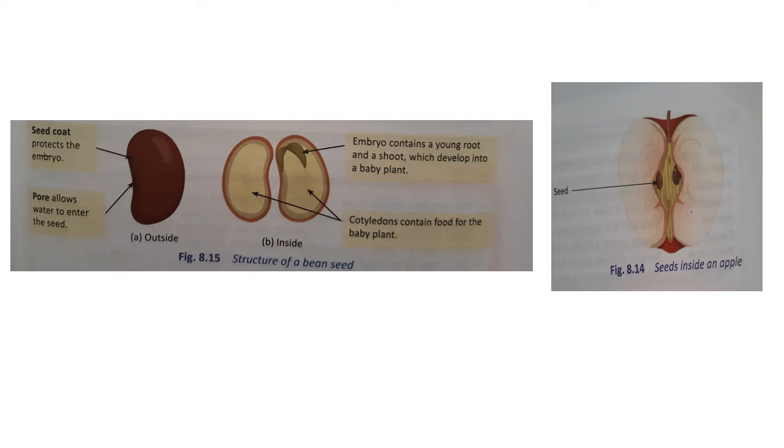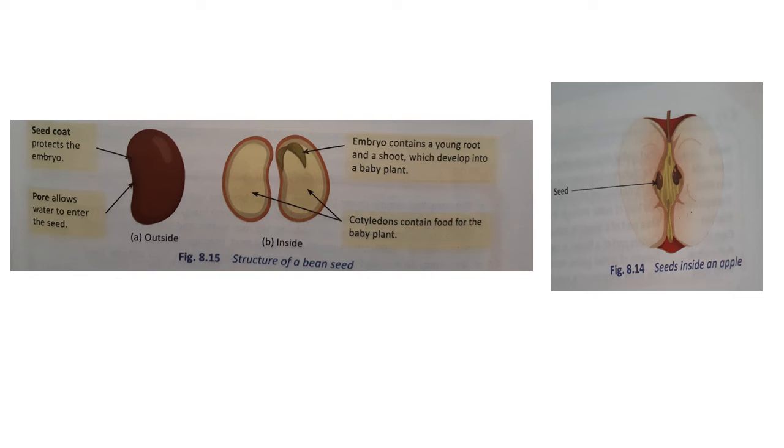Let's see what happens after pollination. After pollination, the ovary contains small ball-like structures called ovules.